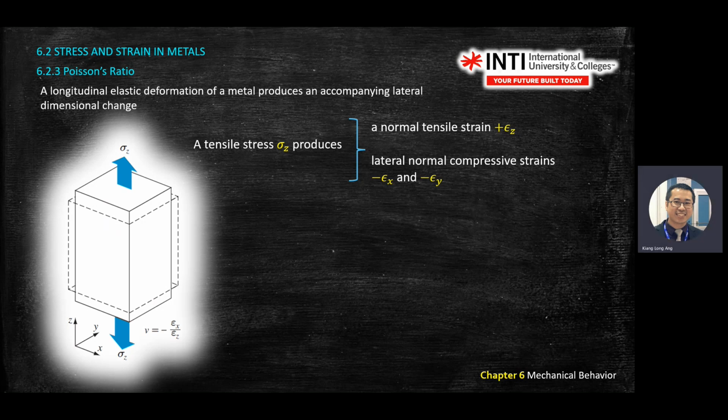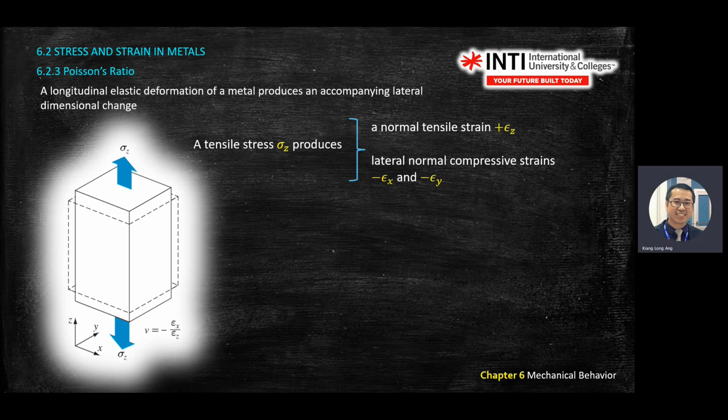So there is a change of length in Y, and there's a change of length in X. So you have a positive strain if you pull normal, meaning the length has a positive change, but you have a negative strain in the X direction and Y direction because it shrinks inside. It shrinks inside on the X direction, so both sides are shrinking.